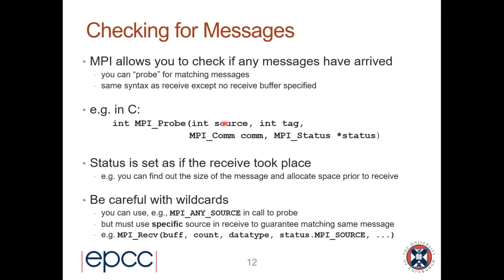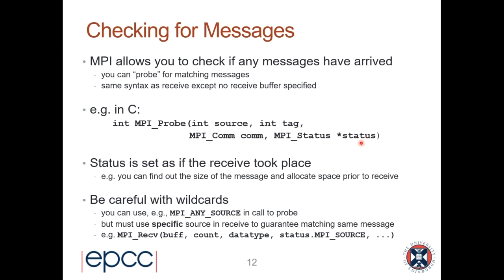MPI probe says, if I were to issue a receive at this point, don't receive the message, but give me the status. You can find out who the message would come from and specifically how long it is. So if you have a program where you don't know how big your messages are, or you can't even have an upper bound on your message length, you do MPI probe, MPI get count, malloc, receive.